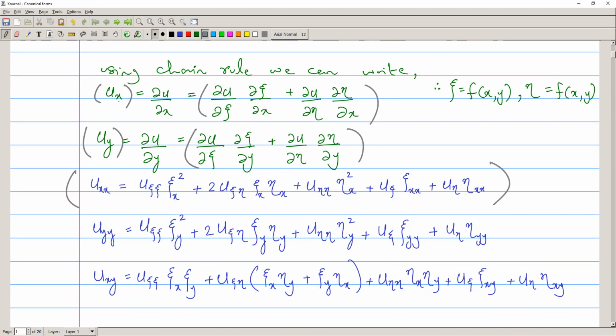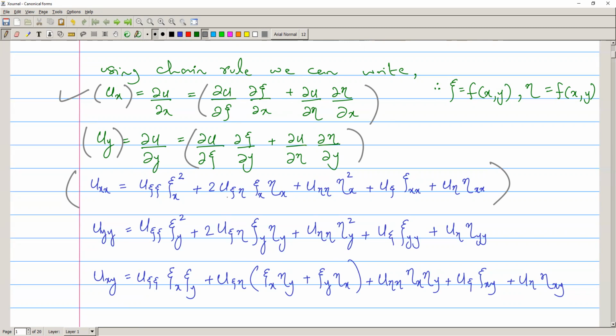When we apply the derivative again onto this equation, that is, we want to find u xx, so we have to differentiate partially this whole equation. What you will get is u psi psi times psi x squared, where psi x represents the partial derivative of the function psi with respect to x, then plus u psi eta.